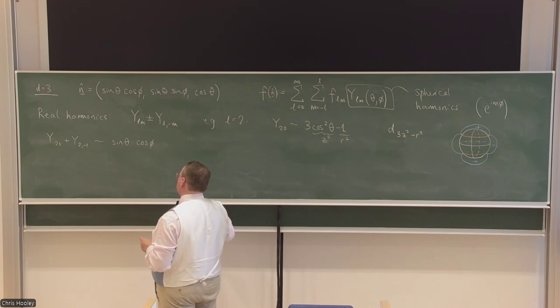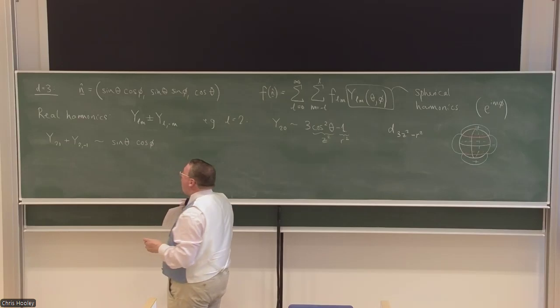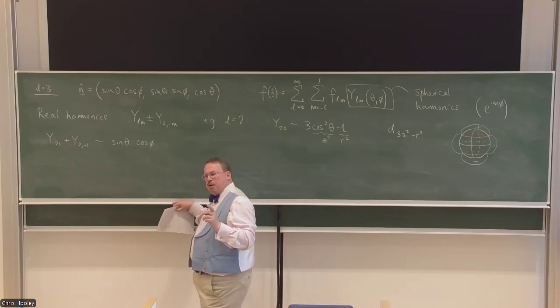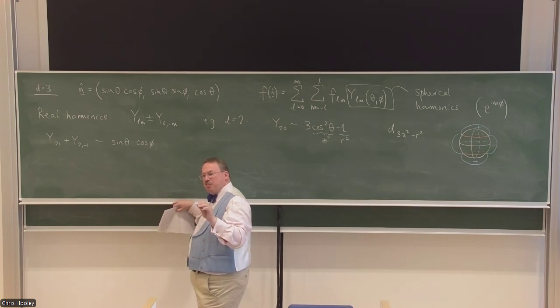Have I got that right? The Legendre polynomial depends only on the L. The associated Legendre polynomial depends on L and mod m, so it changes according to mod m.